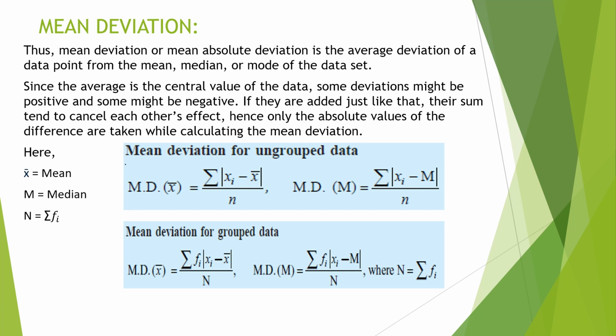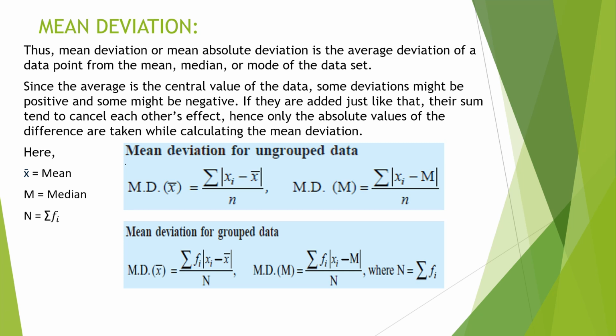The formula for mean deviation for ungrouped data from the mean x bar is summation of mod of xi minus x bar upon n, summation i running from 1 to n. Similarly, for ungrouped data, if the mean deviation is taken from the median, suppose m stands for median, then that is equal to summation of the absolute value of xi minus m upon n.